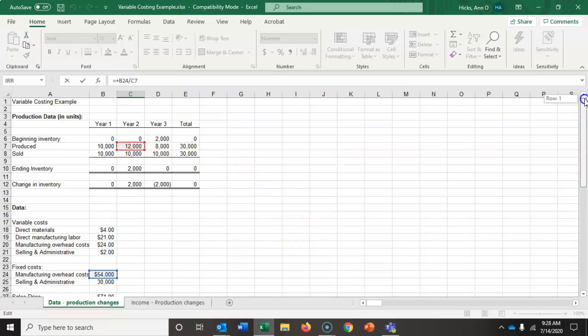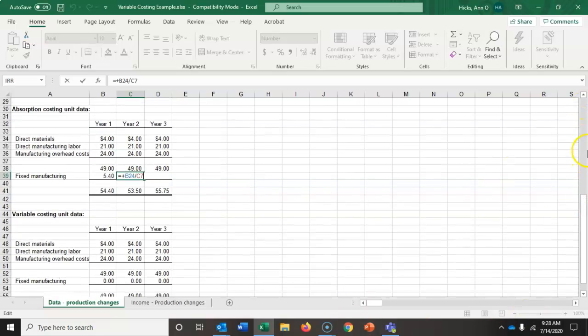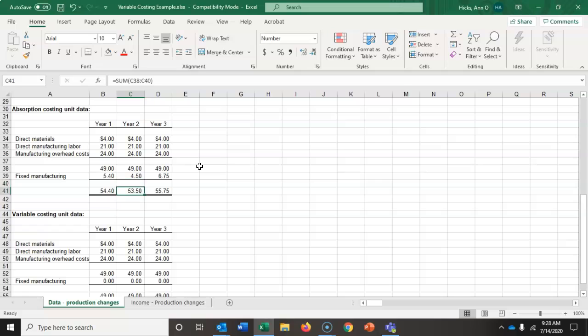We produced 12,000 units, which means our per unit cost is going down. Fixed manufacturing overhead on a per unit basis will only be $4.50. So what's happened? The per unit cost of our product has decreased, not because we've incurred less in costs, but because we're taking those fixed costs and spreading them over more units.